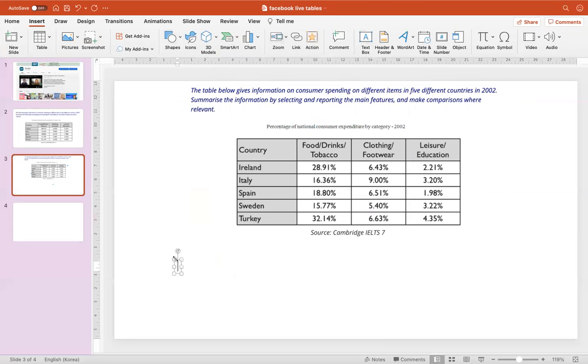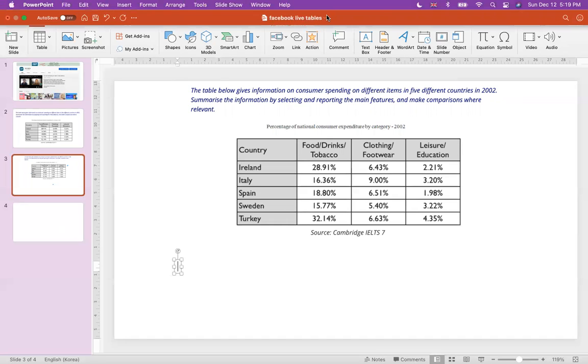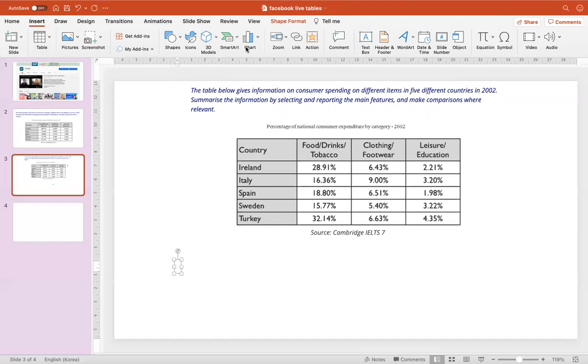Now, the introduction, as some of you probably already know, is simply a paraphrase of the question. Not all of the question. I should emphasize this. It's a paraphrase of this part, usually the first sentence. So the table below gives information on consumer spending on different items in 5 different countries in 2002.